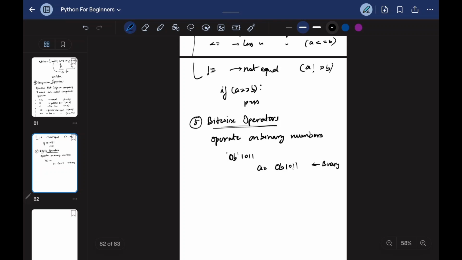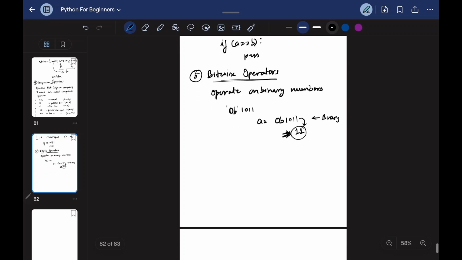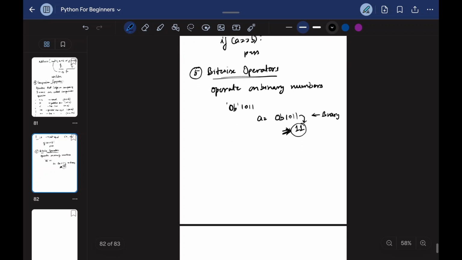Its decimal value will be 11. Now let's move on to the bitwise operators.